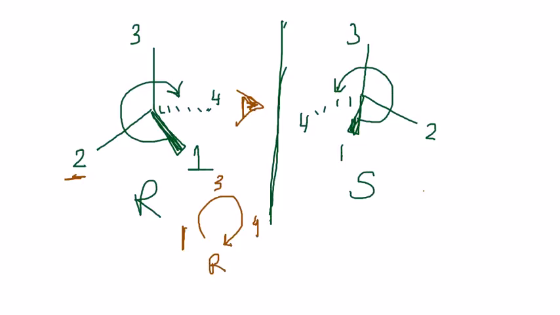And in going from 1 to 2 to 3, visualizing from here, it's the other way. This is what we already did. In going from 1 to 3 to 4, it would still be 1 to 3 to 4 because we are keeping 2 away from us.